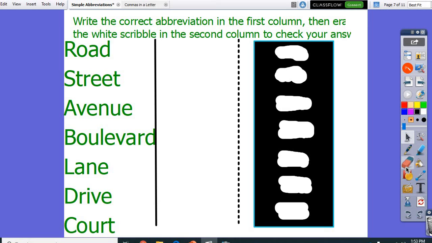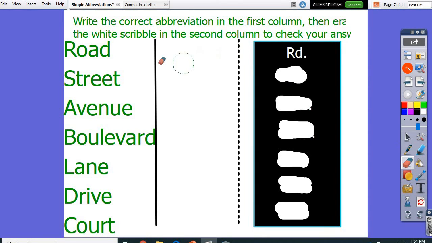Alright, so let's see. Do you remember how we abbreviate road? Yep, Road turns into just Rd. Do you remember what street turns into? Yep, just St. What about avenue? Do you remember? Yep, Ave. Ooh, what about boulevard?